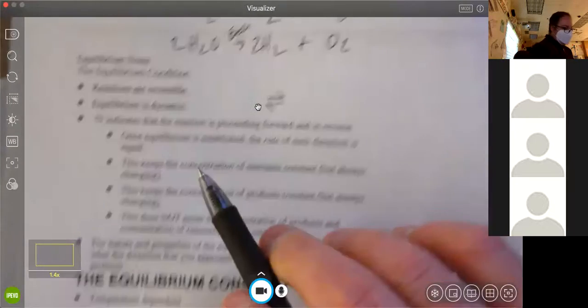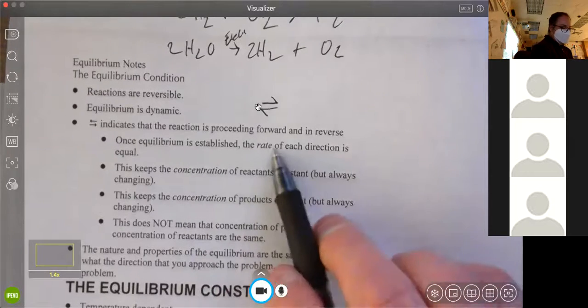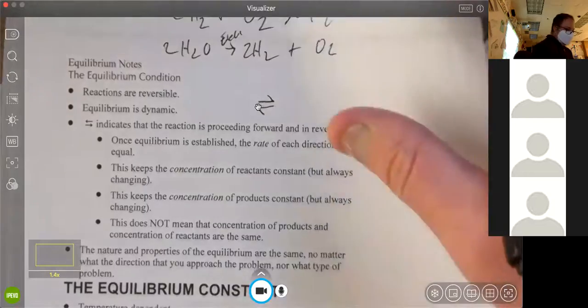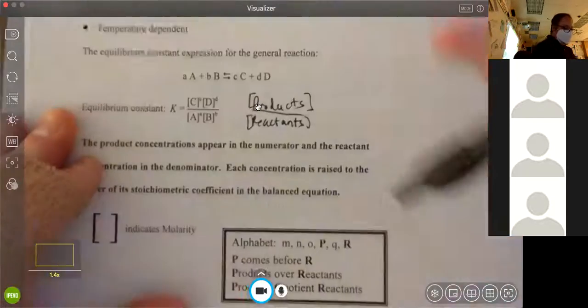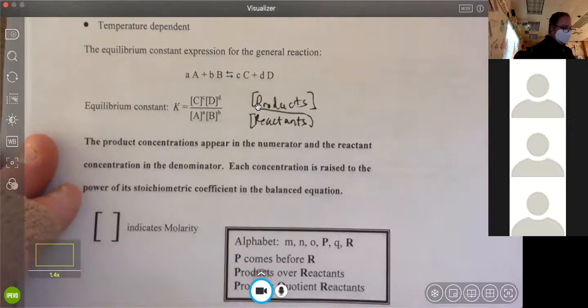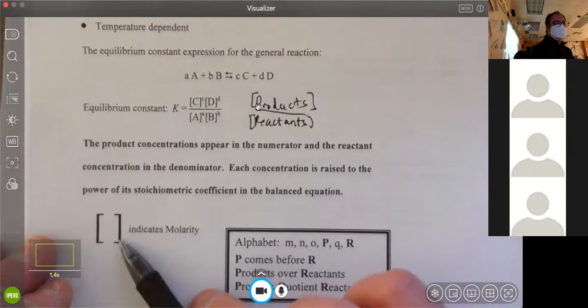And remember what equilibrium states. The rates are equal. So this new K is our equilibrium constant. Products over reactants. Remember, we've done this, but that indicates molarity or concentration.